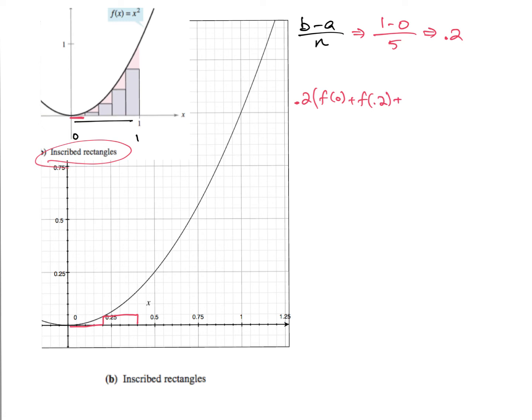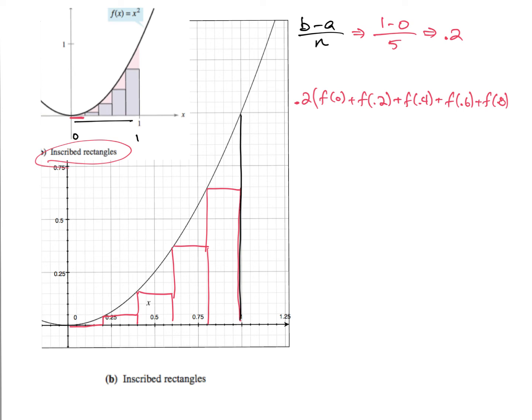And then what would be my next one? F of what? 0.4. And then f of 0.6. And then f of 0.8. And then f of, I'm done. Why am I done now? Because there's only 5 rectangles. I already hit going to 1. I'm between 0 and 1 now.